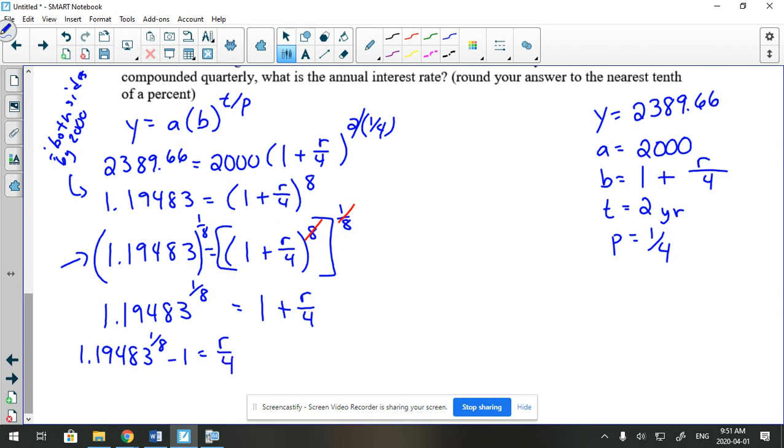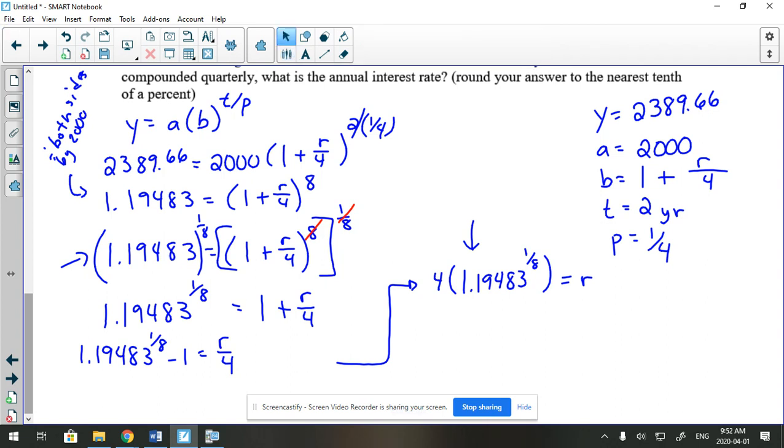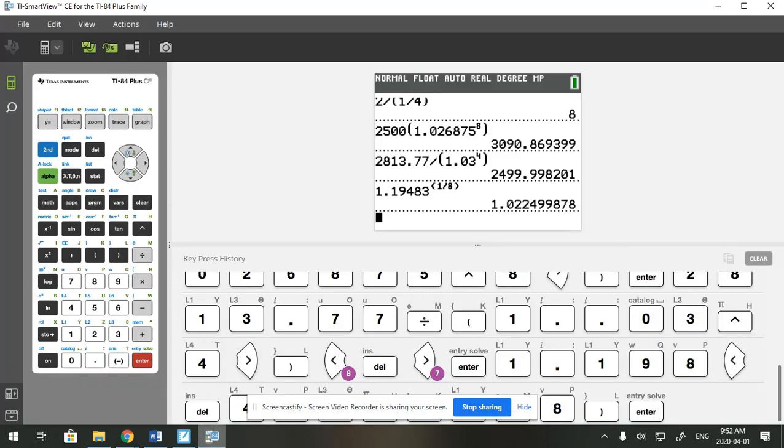R is almost isolated, but now I have to multiply both sides by 4. And that's going to equal my R. Now I can type this whole fun thing into the calculator and get my R exactly without having to round any decimal values. So let's do that.